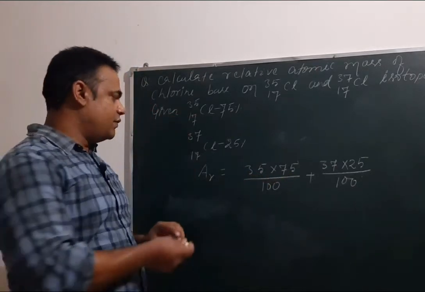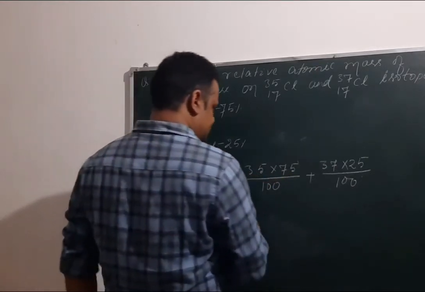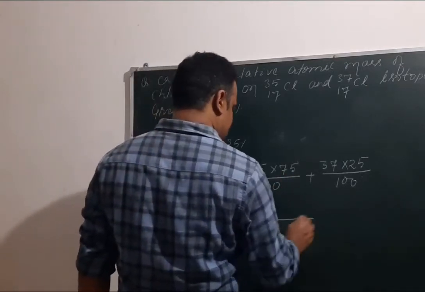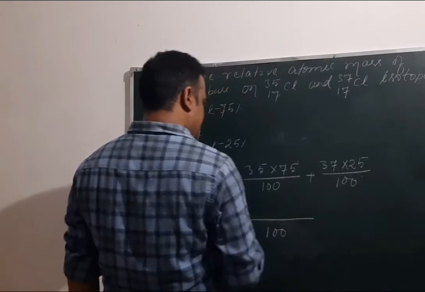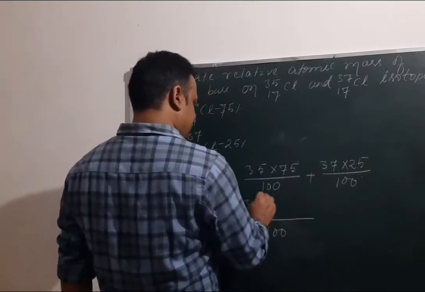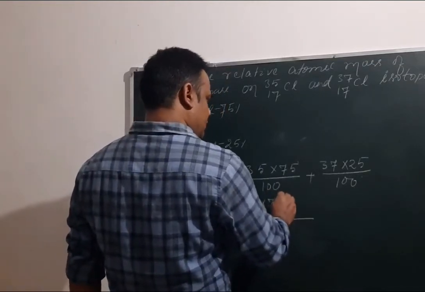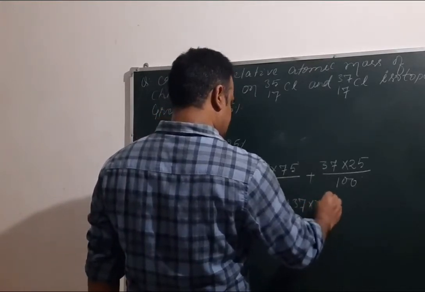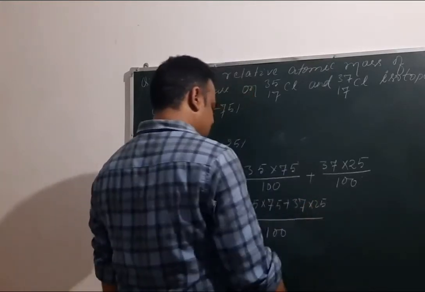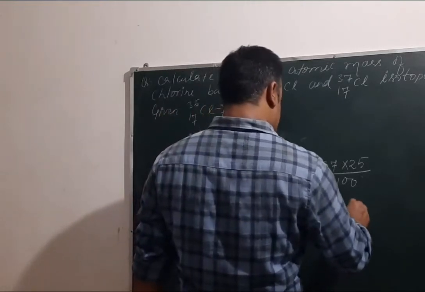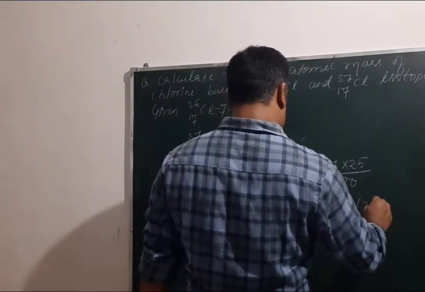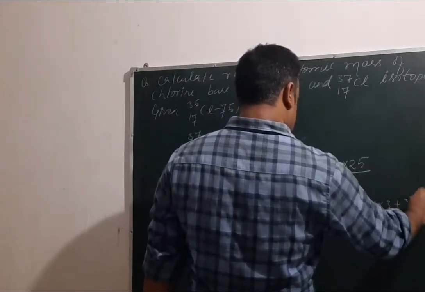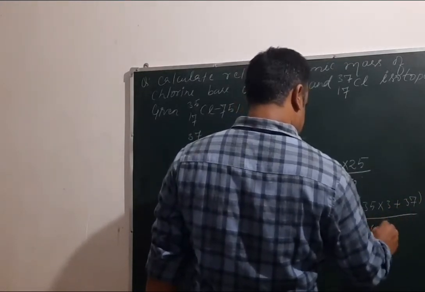If we solve this, we can take 100 as common, and here 35 into 75 plus 37 into 25. So we can take 25 common, and we have 35 into 3 plus 37, divided by 100.